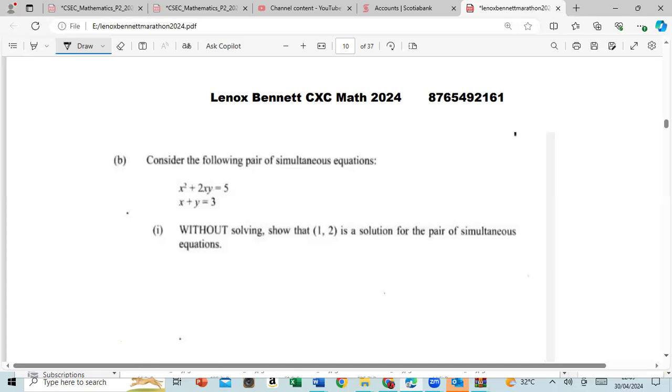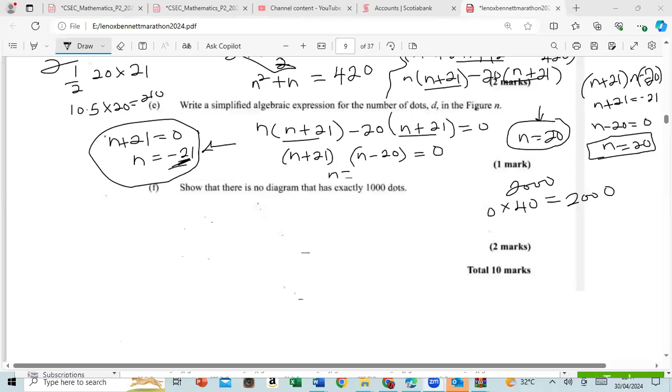Find the quadratic formula. Alright, so now I use the quadratic formula.